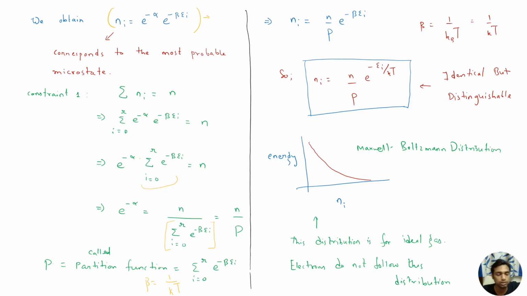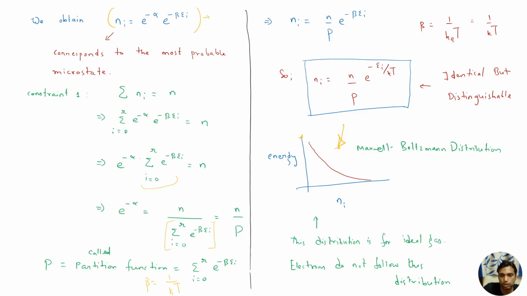So this is the partition function, and alpha and beta are now fixed.